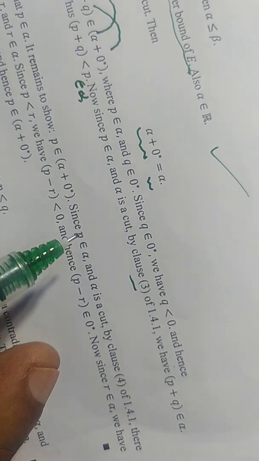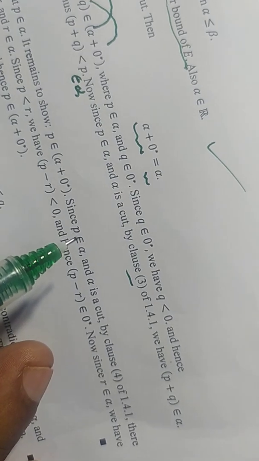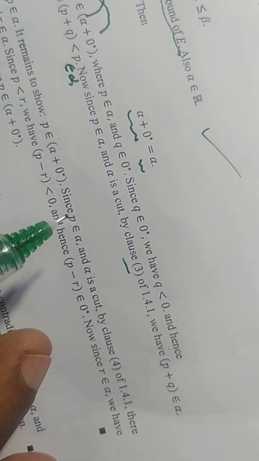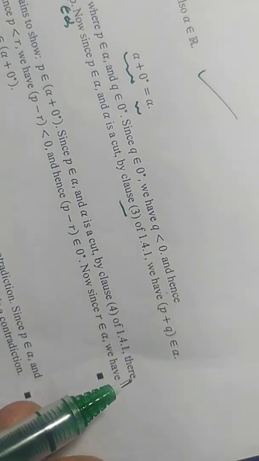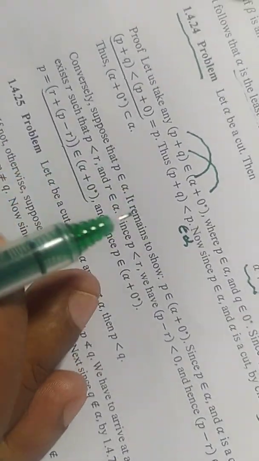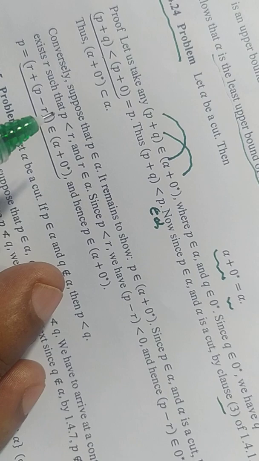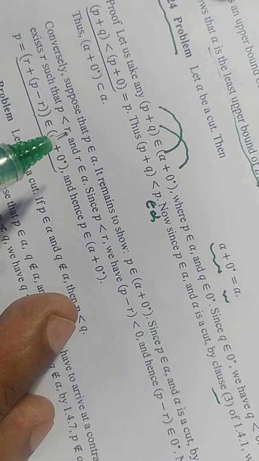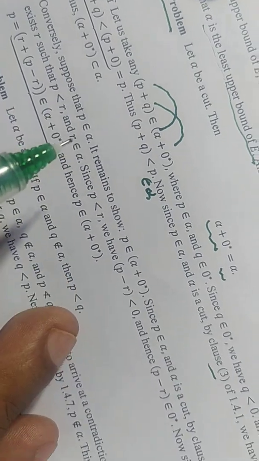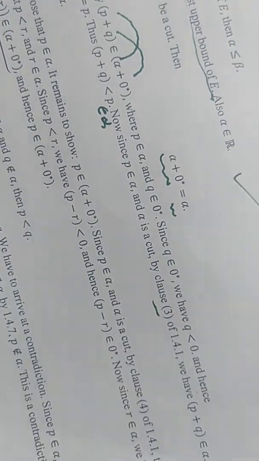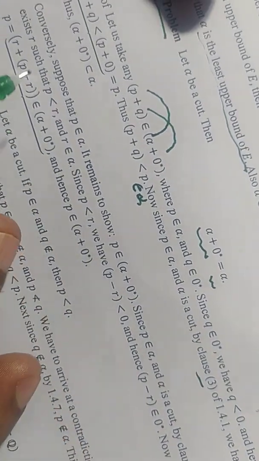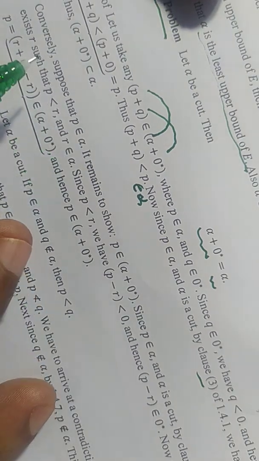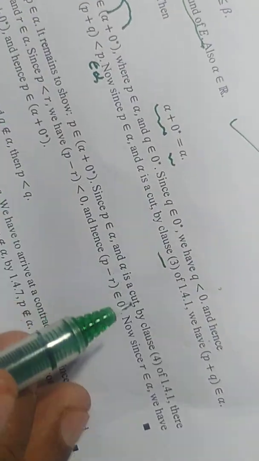P belongs to alpha, it means P is not the largest. There must be something which is larger than P. There exists R such that R is larger than P, and R is a member of alpha, the cut.